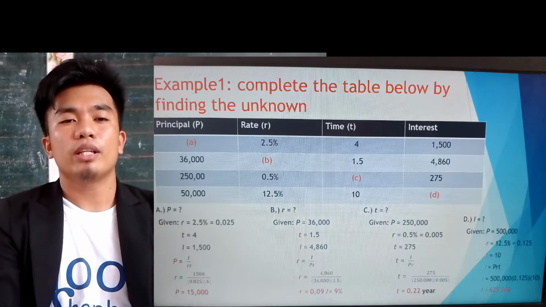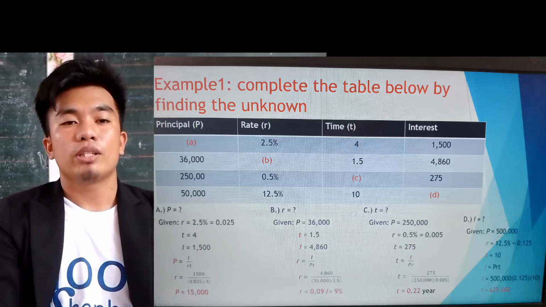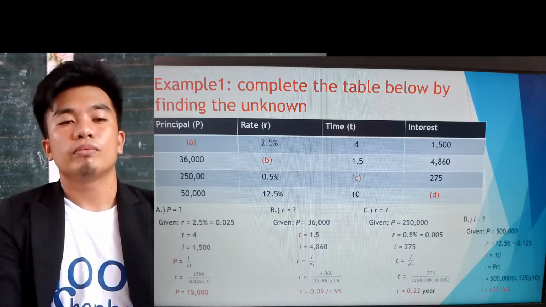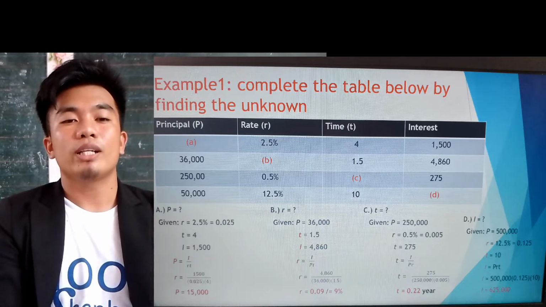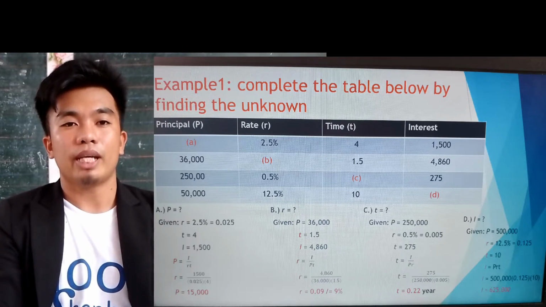Our interest is 4,860 over our principal 36,000 times 1.5 our time, and the total is 0.09 or 9%. That is our rate.